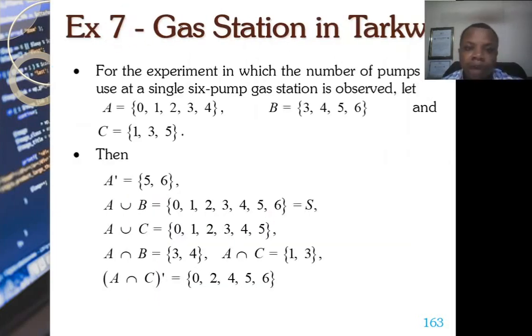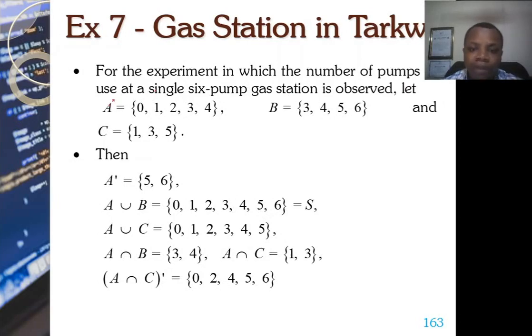Suppose that with the gas station problem, we have an event A where we had 0, 1, 2, 3, and 4. That is an experiment in which the number of pumps in use at a single 6-pump gas station is observed. So in this case, we are using only one of the gas stations for now, and remember, each station has 6 pumps.